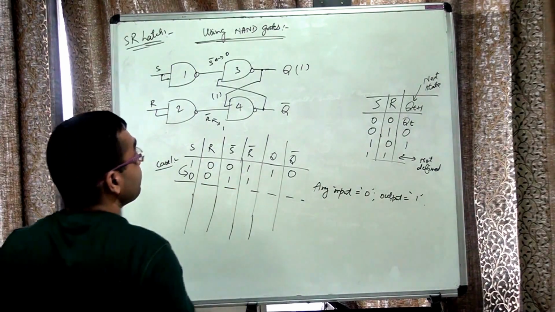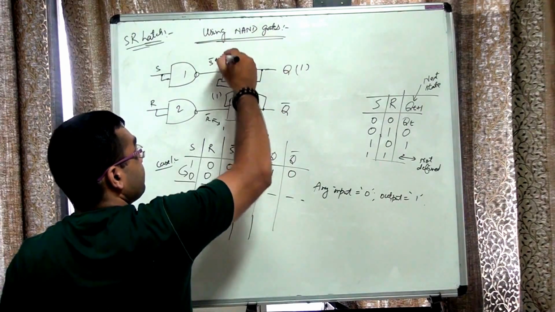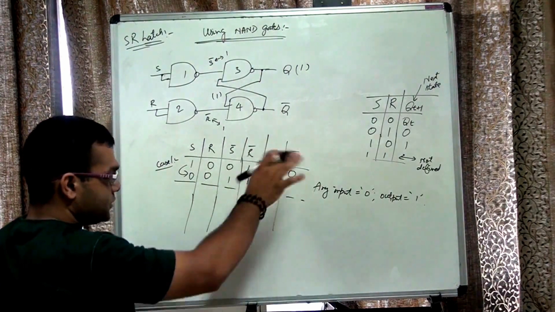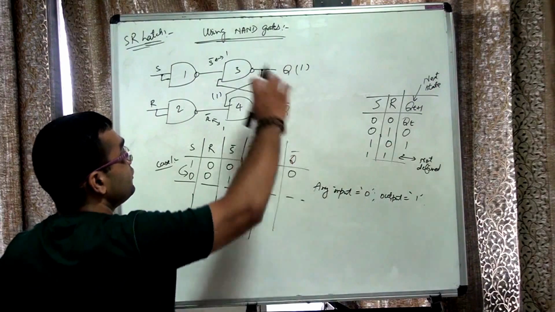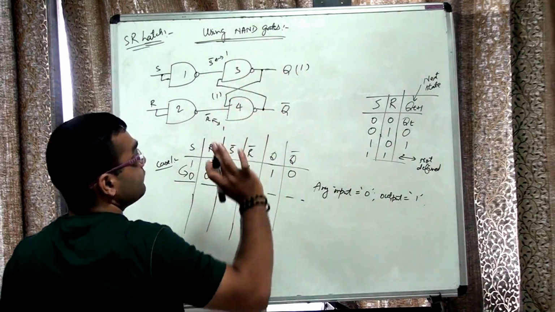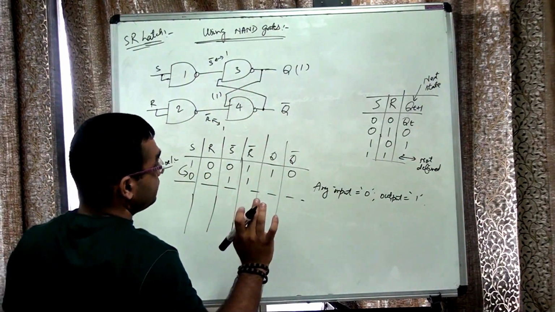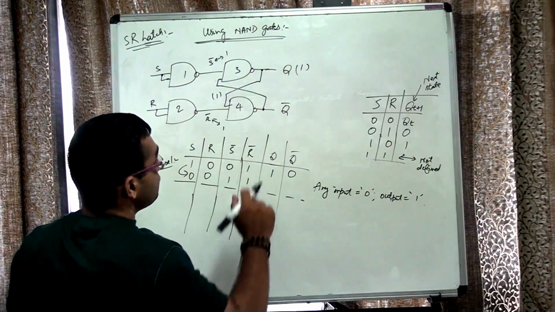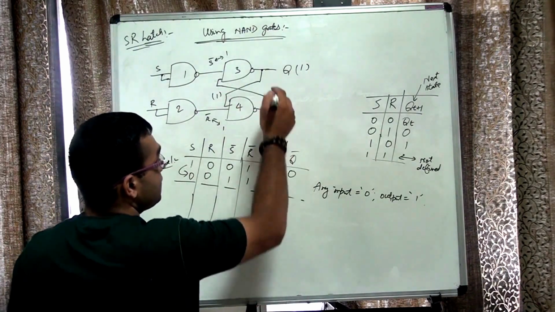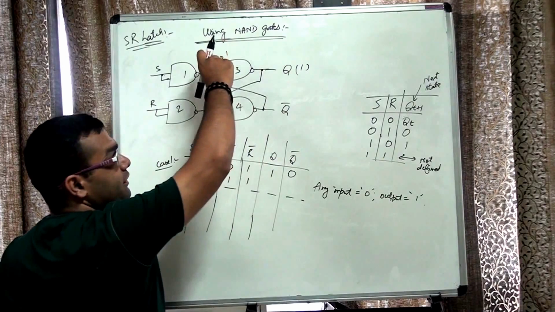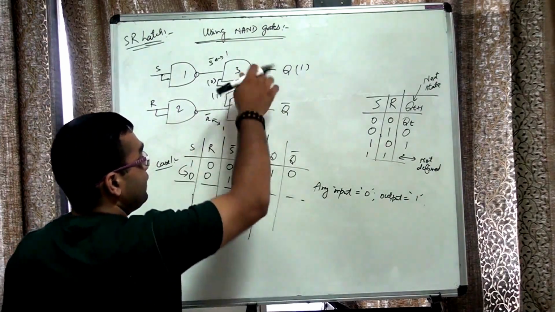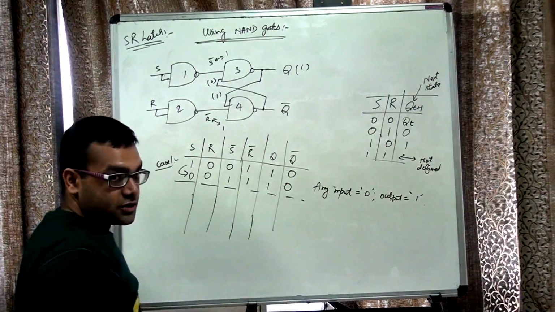Now this changes to 1. Our outputs were previously settled. So now this 1 and 1 output will be, oh sorry, there's a minor mistake, 1 is the input, so this was actually 0. So 0 and 1 output will be definitely 1, and 1 and 1 output will be definitely 0. So this remains unchanged.